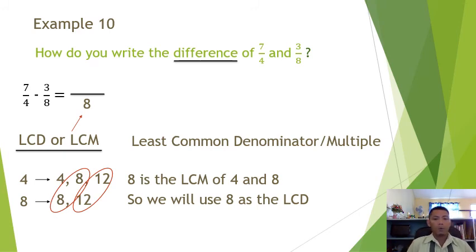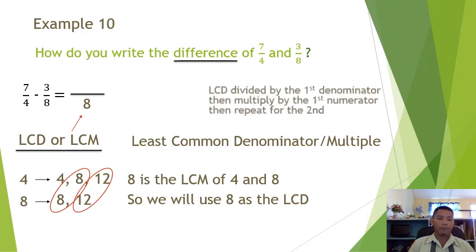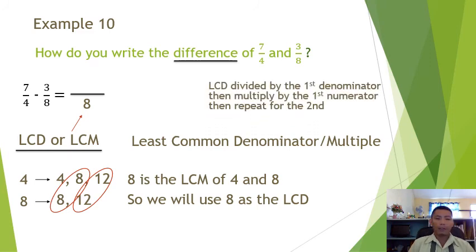So what do we do with the LCD? LCD divided by the first denominator, then multiply by the first numerator, then repeat for the second. Let's do that. 8 divided by 4 is 2, times 7 is 14. So let's write 14 there. Then write the operation, minus.